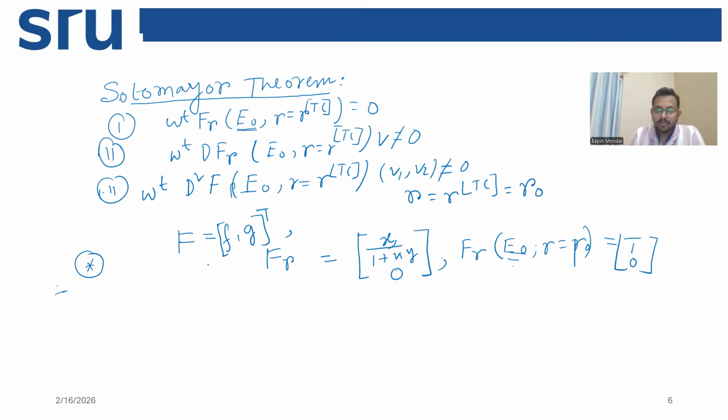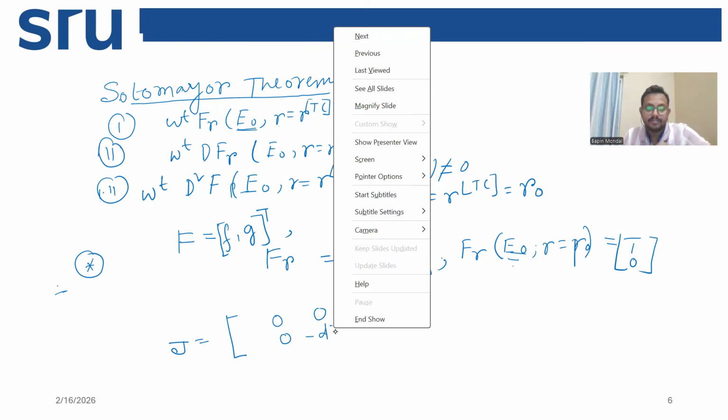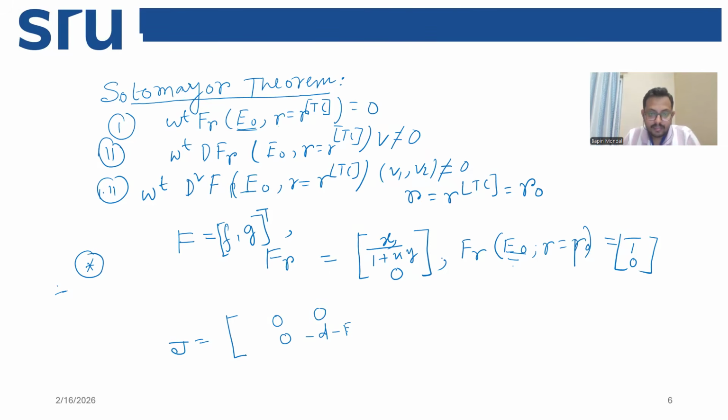Now discuss what is WT and what is V. If we find the Jacobian matrix at this critical value, we have 0, 0, 0, minus D, minus E2.